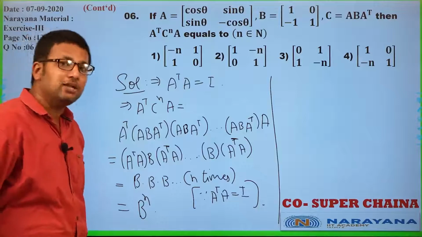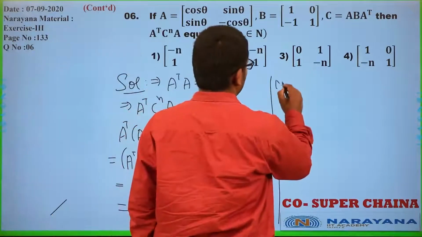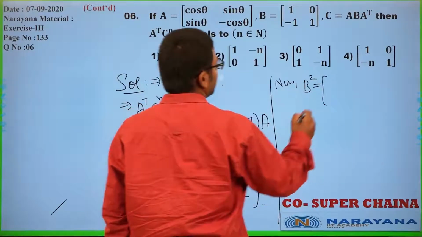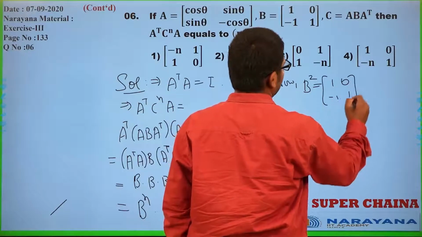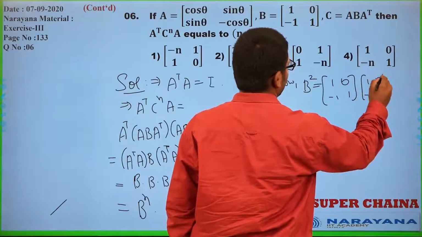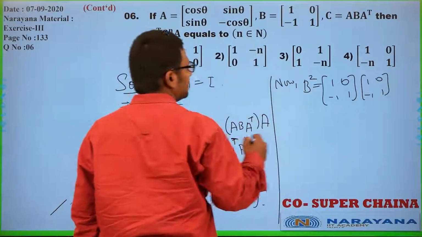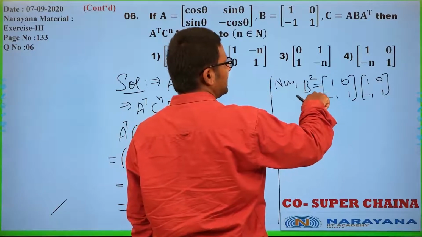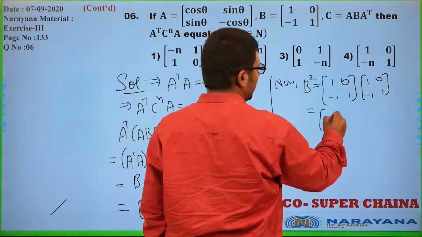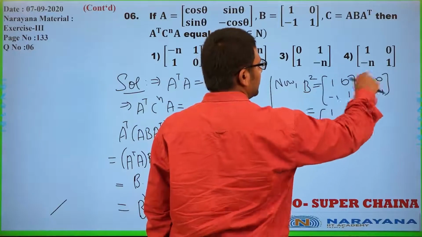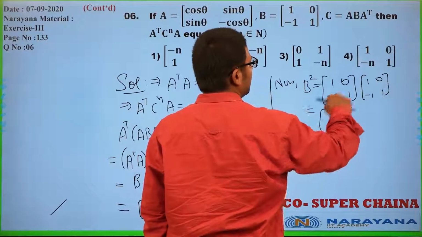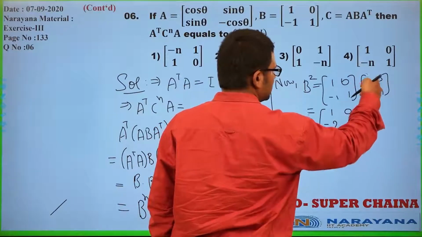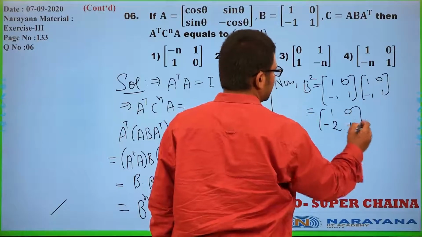Now we need to figure out the value of B raised to n. So now B square: 1 0 minus 1 1 into 1 0 minus 1 1. Just multiply: 1, 0, minus 2, 1, right?